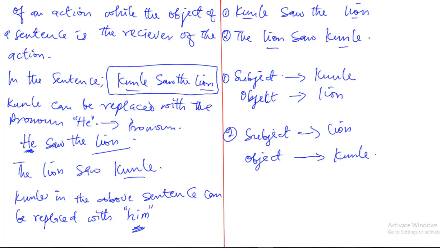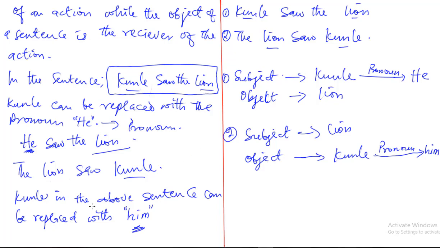In the first sentence, we use he to replace Kunle as the pronoun, and in the second sentence we use him to replace Kunle.